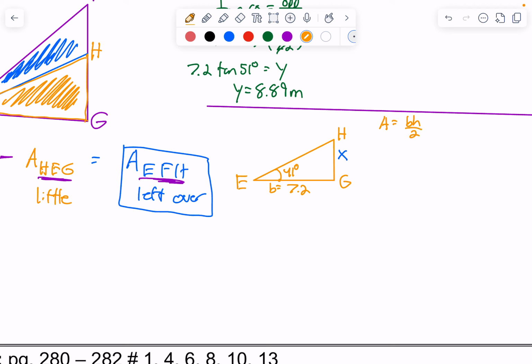So let's look for x. That x, based off what we're given, is our opposite side length, and we are given an adjacent. So tan ratio: tan theta is equal to opposite over adjacent. Tan of our given angle 41 degrees is x over 7.2.